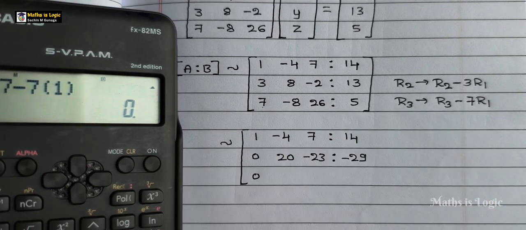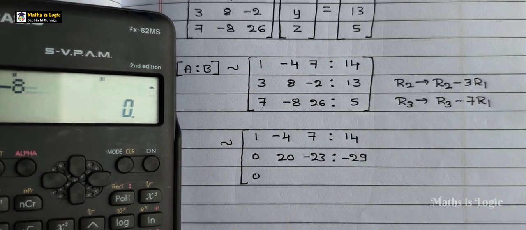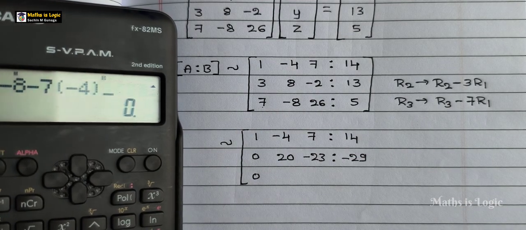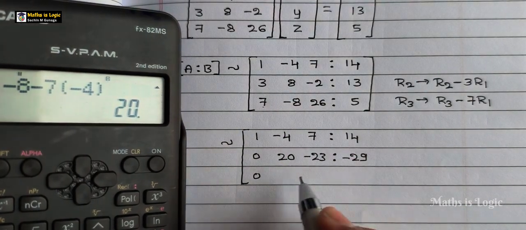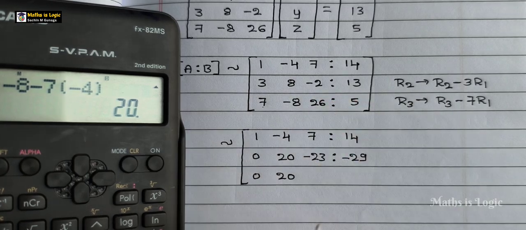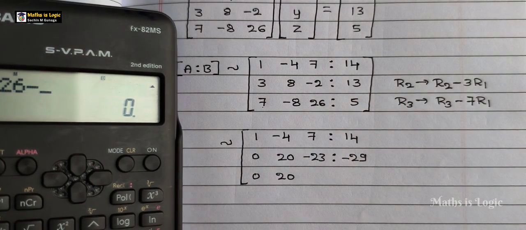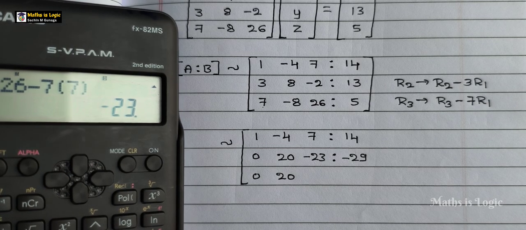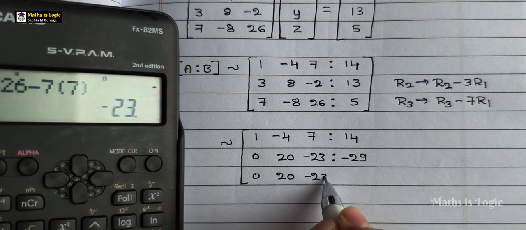Next R3, minus 8 minus 7 times of minus 4, 20. Next R3 26 minus 7 times of 7, 7 times of 7, minus 23.